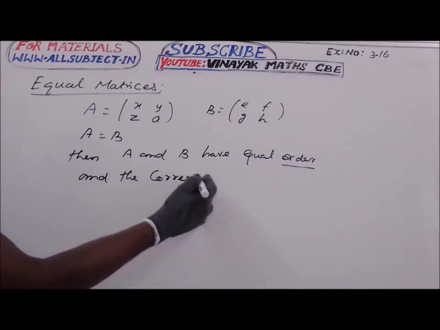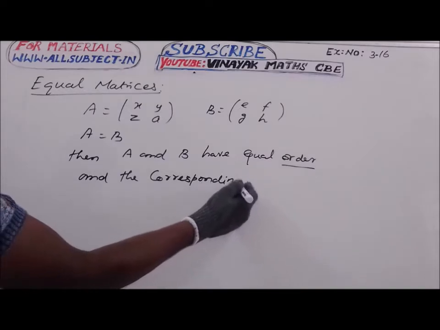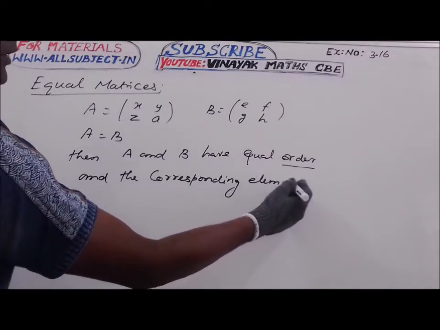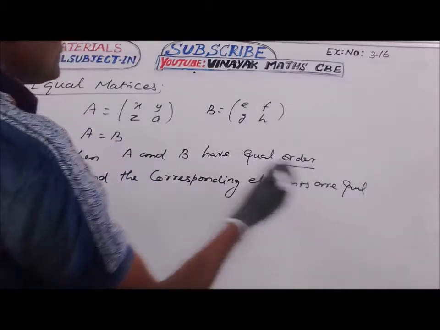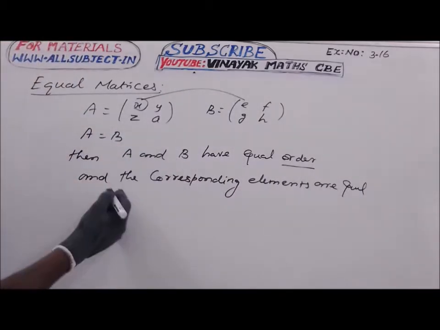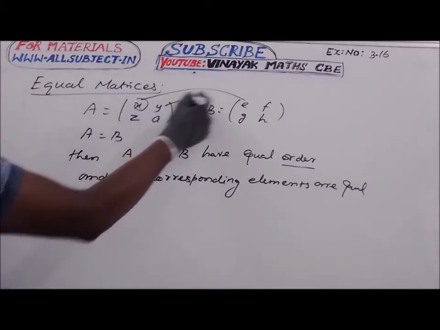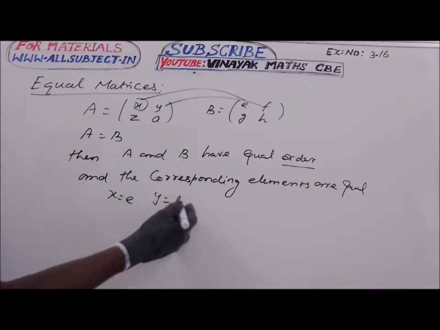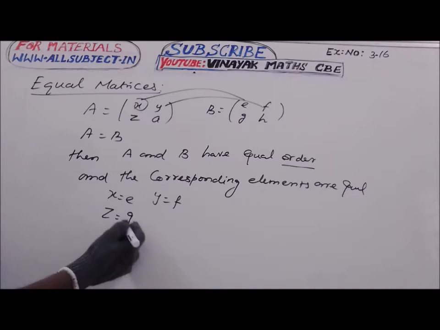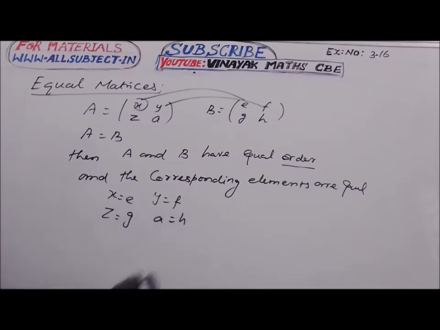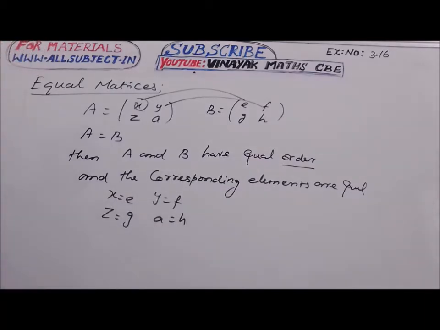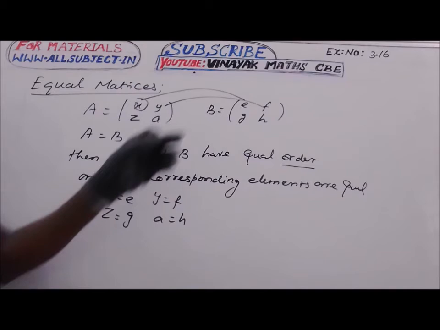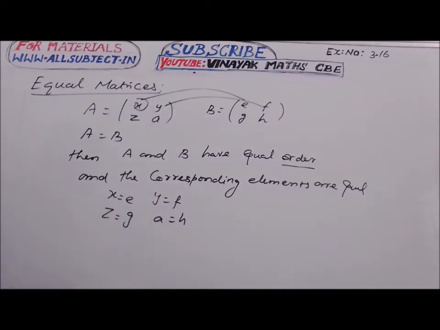Corresponding elements means X is equal to E, Y equal to F, Z equal to G and A equal to H. So two matrices are said to be equal if they have equal order and the corresponding elements are equal. Then we can say that A and B are equal matrices.